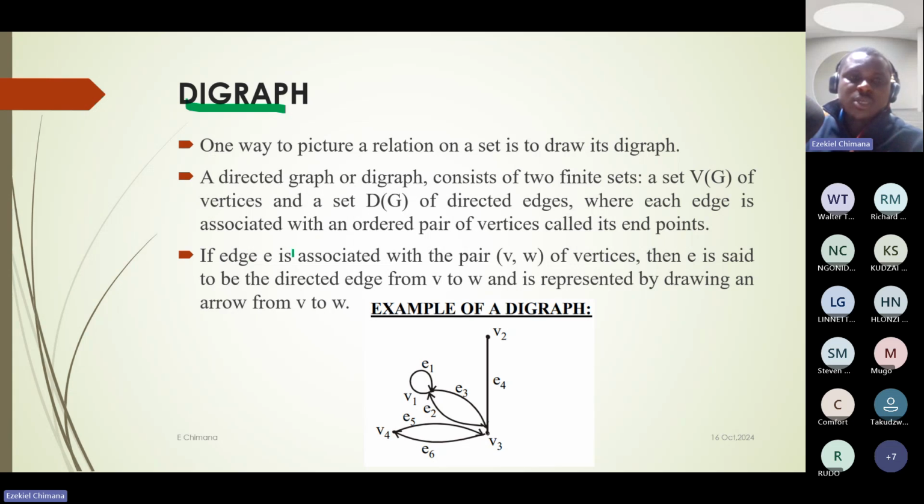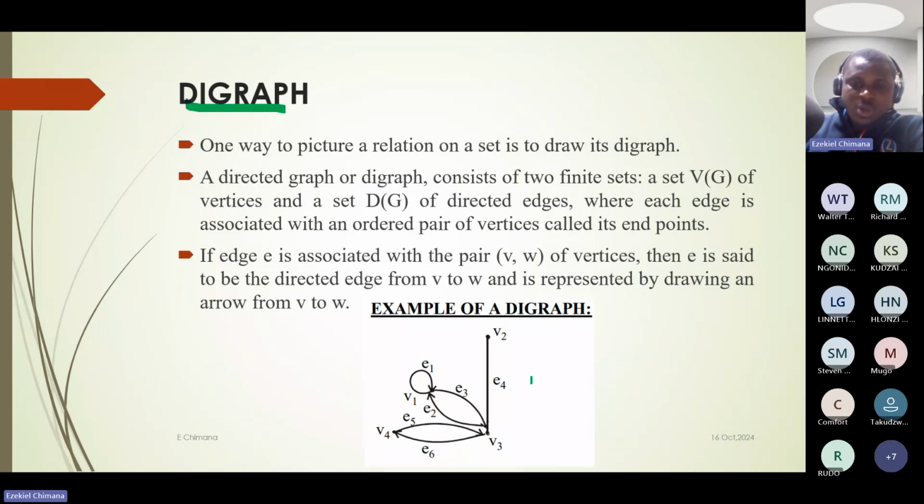If edge E is associated with the pair (V, W), then E is said to be the directed edge from V to W and is represented by drawing an arrow from V to W.